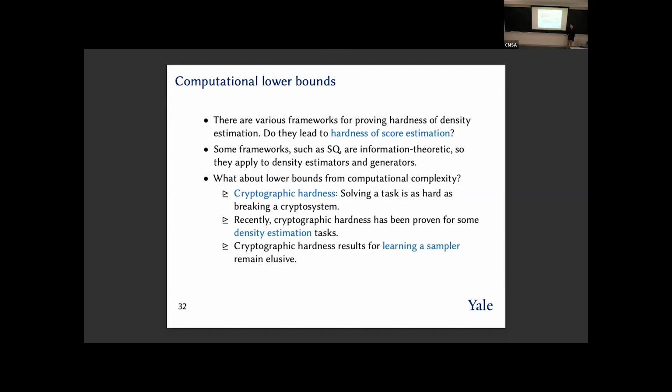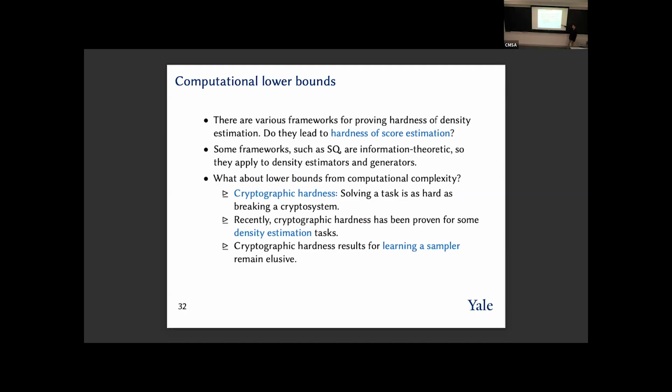I could talk about it more offline if you're interested, but it's kind of fundamental, because cryptographic hardness usually starts with the assumption that no matter how many polynomially many samples I draw from these two distributions, I cannot tell which one is the planted distribution. Learning a sampler would just let you draw more samples, but we kind of already had access to this when we're trying to break the crypto system. So actually, this is kind of a subtle question.